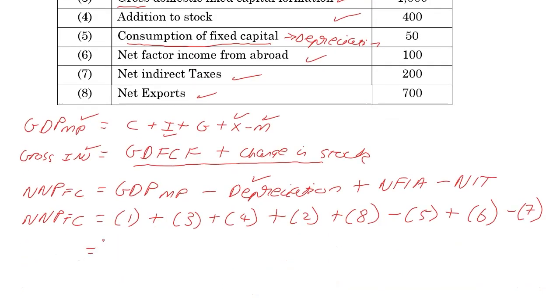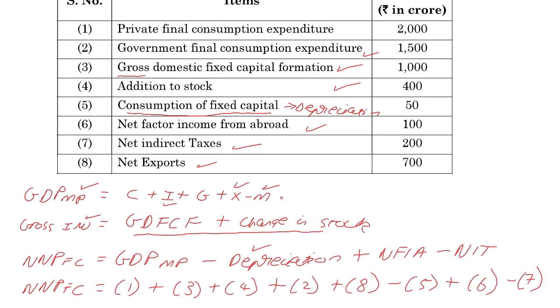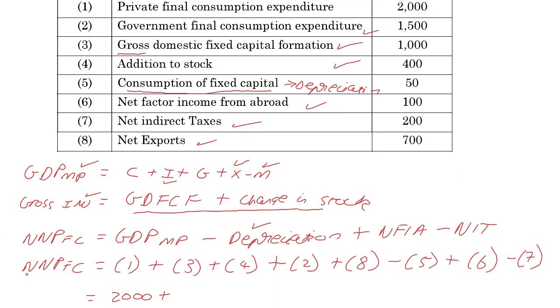So how much is 1? It is 2000. Number 3 is 1000 and number 4 is 1400. So we have filled in C plus I. G is 1500.